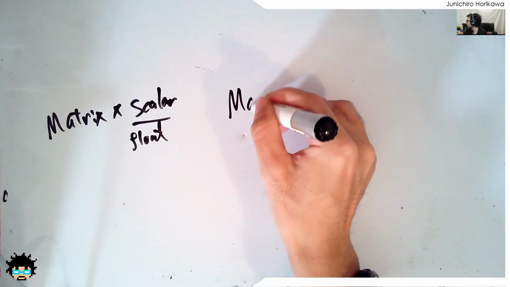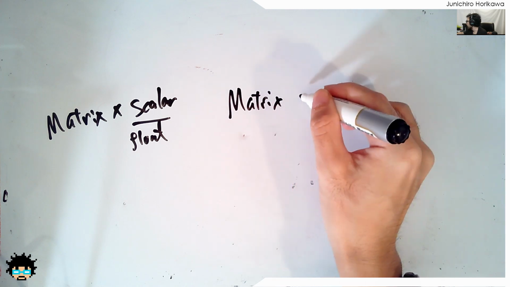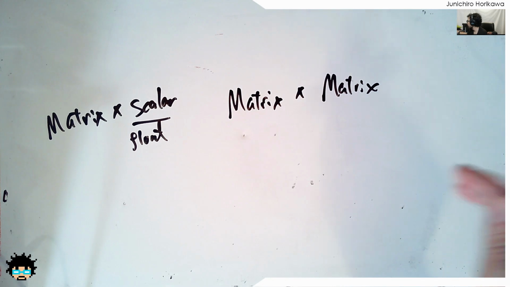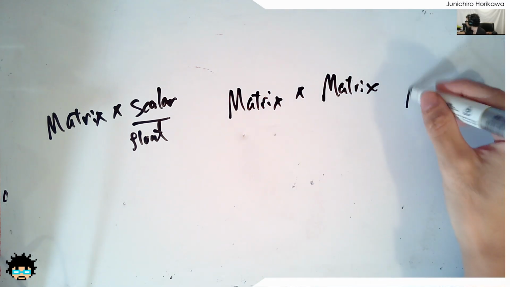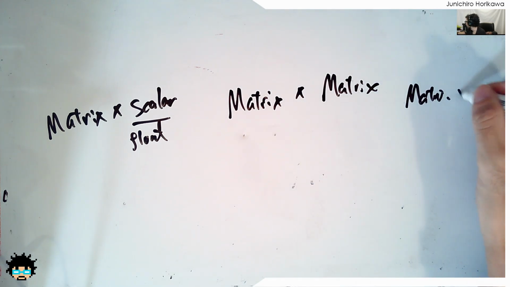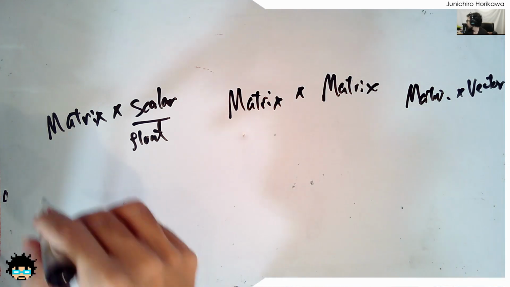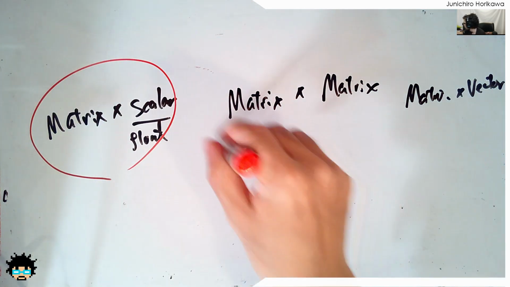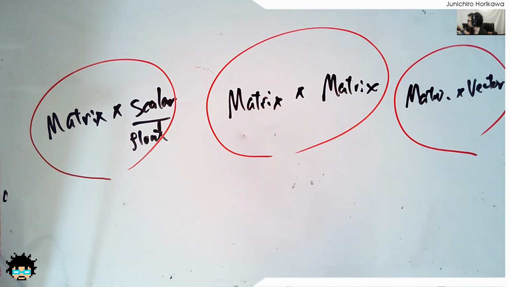One is a matrix multiplied by a matrix itself. And the other one is matrix multiplied by a vector. So there are mainly three types of multiplication, and all of them are pretty important to know how they are done. So let's see one by one how we can do this.